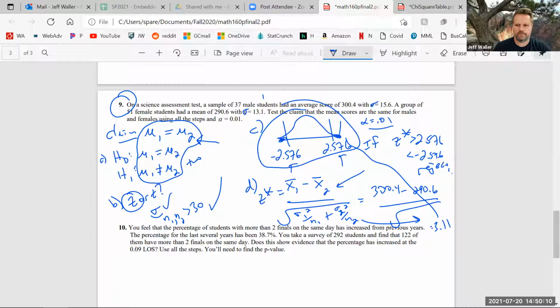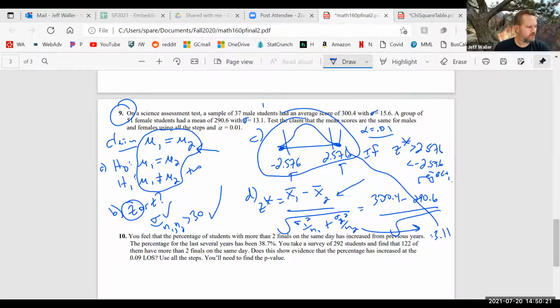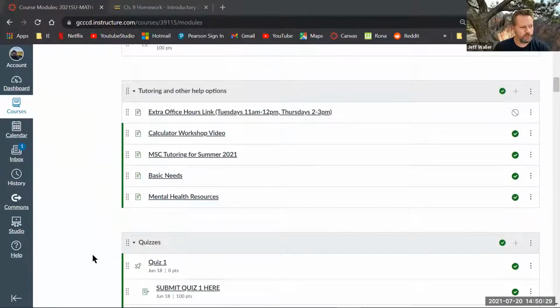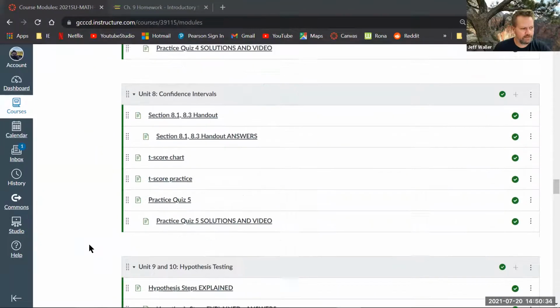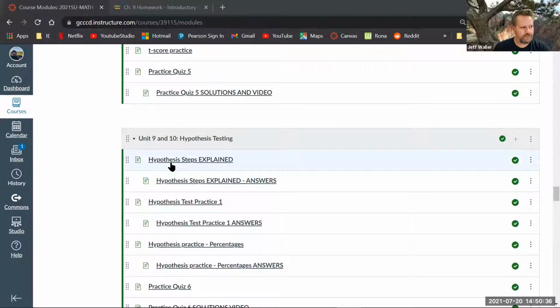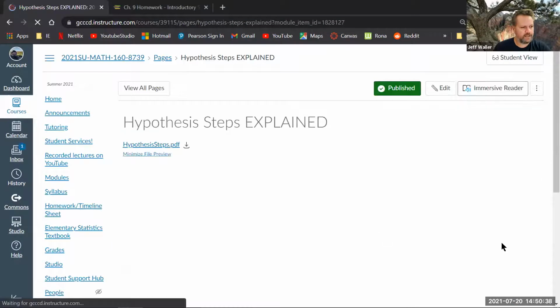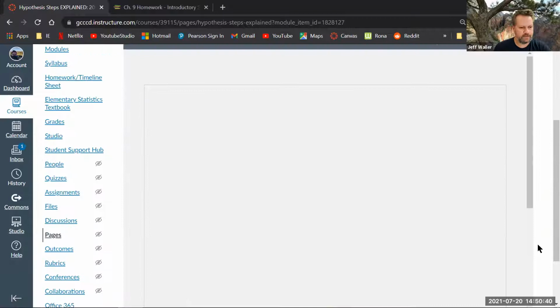Okay, can we go over your exact standard hypothesis test in form? I don't know what that means. So let me show you this. The best handout to have sitting next to you when you do chapter 9 hypothesis tests is the very first sheet we looked at, Hypothesis Tests, Steps Explained, right?